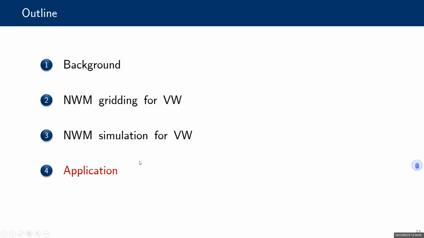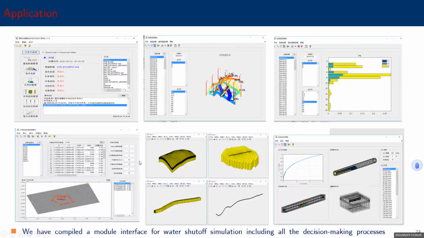And this is the last part, the applications. We have compiled a module interface for water shutoff, including all the decision-making processes. We can import the Eclipse data set into the interface. After importing the Eclipse data, we can perform flow diagnostics to determine the connectivity between the wells.